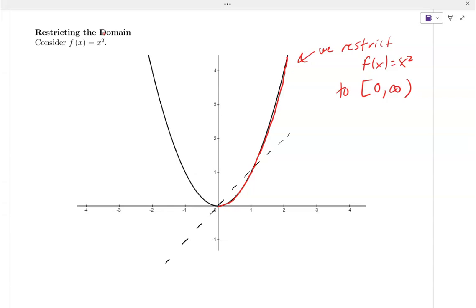And we ignore the left-hand side. Notice that when we do this restriction, I want to restrict it to take up the entire range of the function. I want to be able to, when I do the inverse, look at the entire range. I want to undo the entire range.